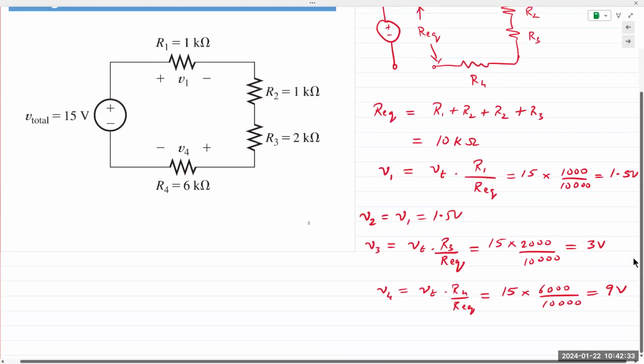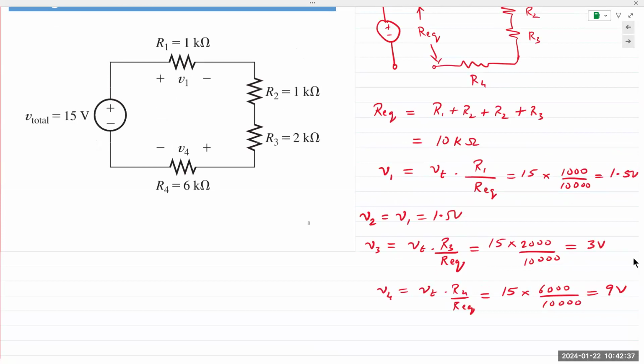And of course, you apply KVL, you sum up the voltages, they should equal 15 volts. Again, these are all just minor things that students have to think about just so that they can verify their answer automatically. Okay. All right, 10-second pause.